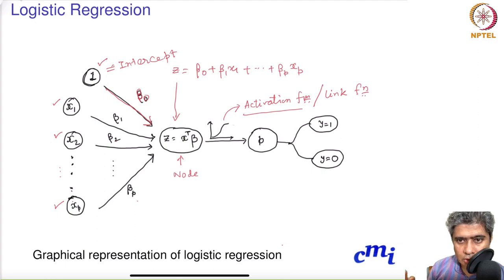Typically it has sigmoid type behavior, and then you get a p, and with probability p you observe y equal to 1 or y equal to 0. In typical machine learning literature they will say cat and dog. So this is the graphical representation of logistic regression, or a single node neural network.